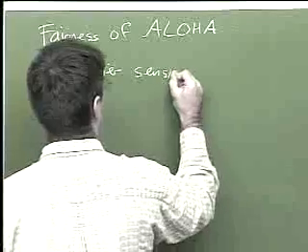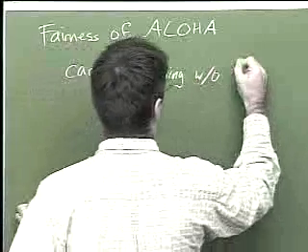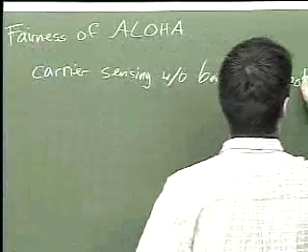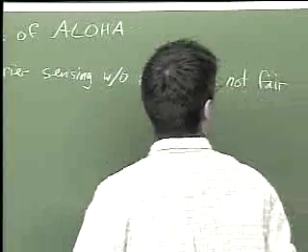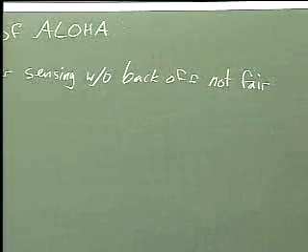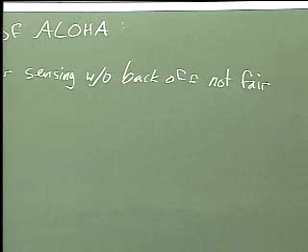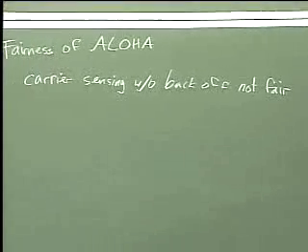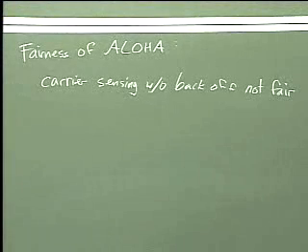So think of carrier sensing without the backoff. Carrier sensing without the backoff isn't fair. Why isn't it fair? So suppose the rule is if I have a packet to send, I check the line. If the line is clear, I send it.